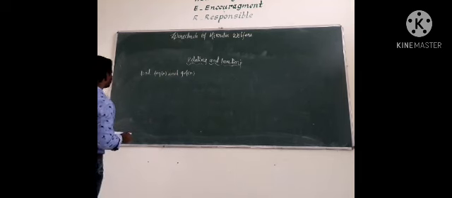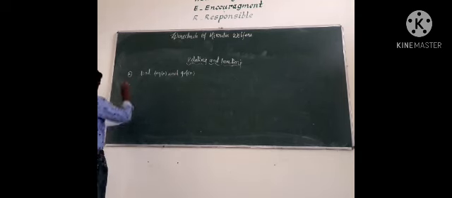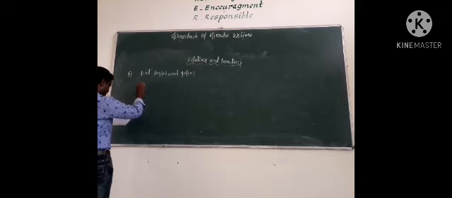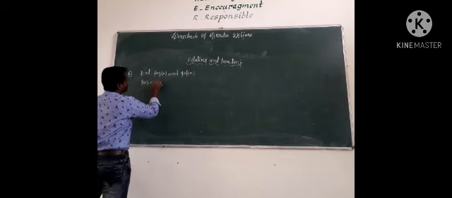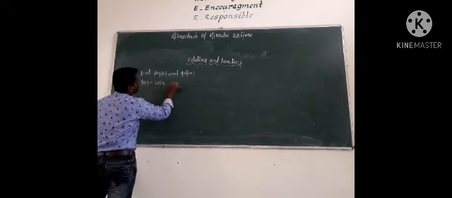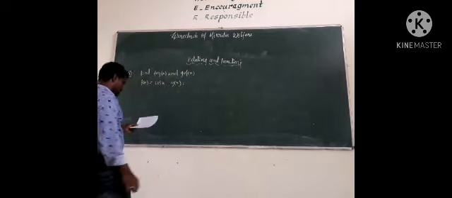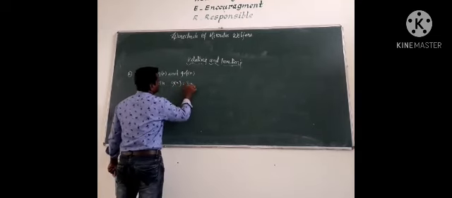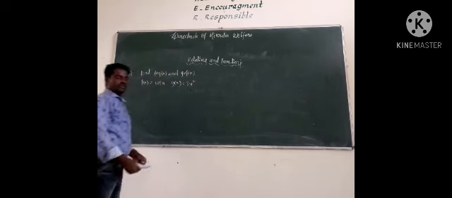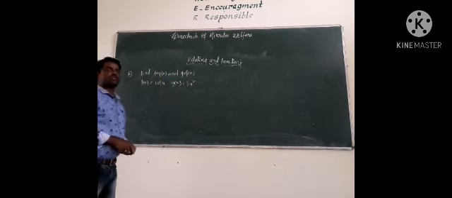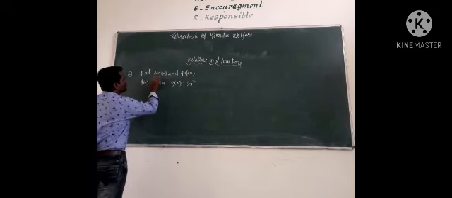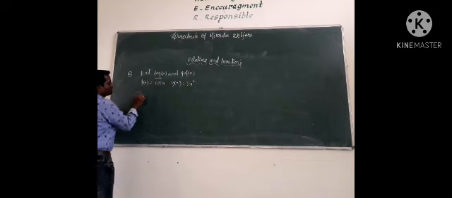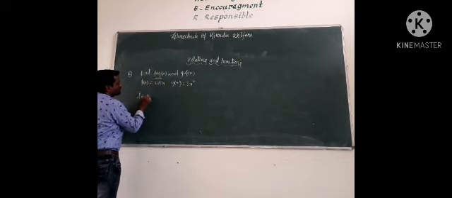Now f of x is equal to cos x, and g of x is equal to 3x squared. Show that f of g of x is not equal to g of f of x. Now here, find g of f of x. First, f of g of x.